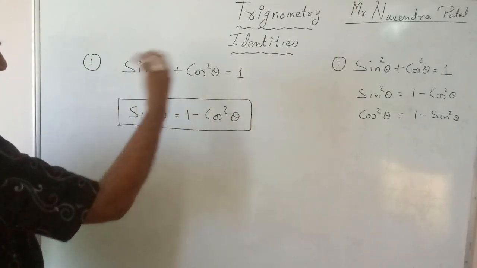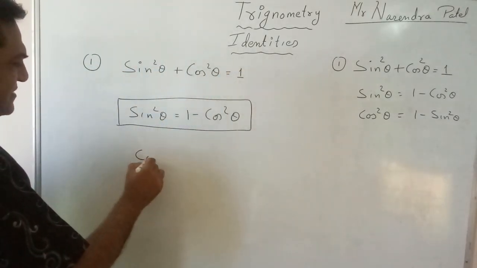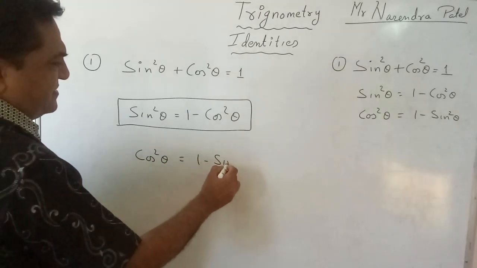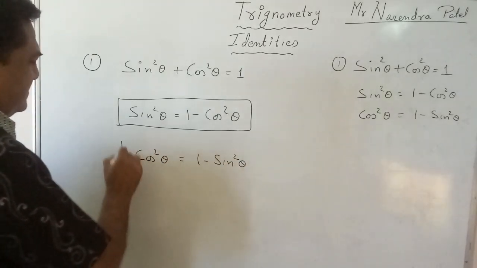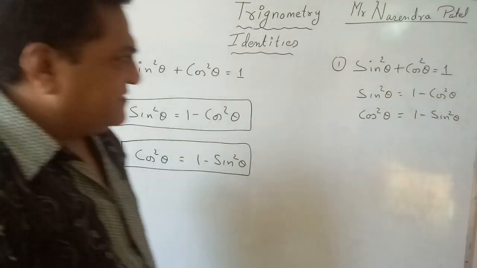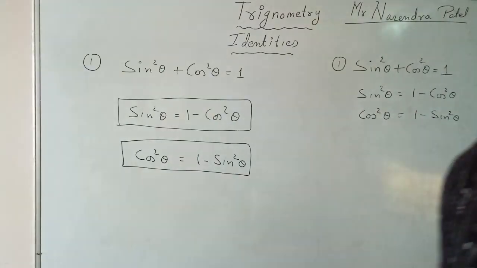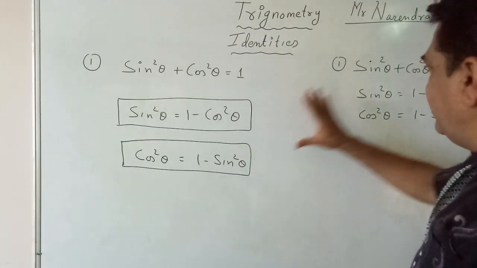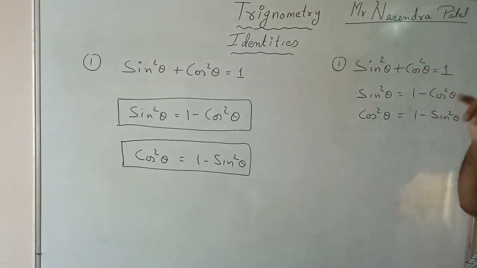In the next step I will take sin to that side, that will be cos square theta is equal to 1 minus sin square theta. Thus I have got these two identities. These three identities I have written here, and you have to prepare them.